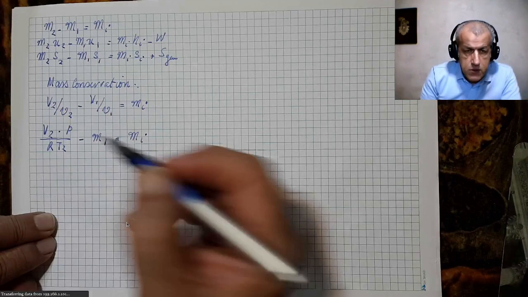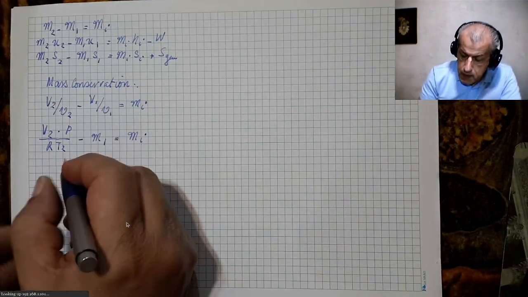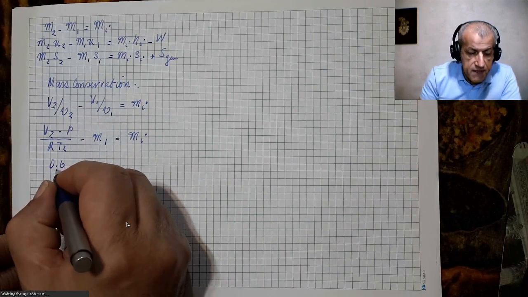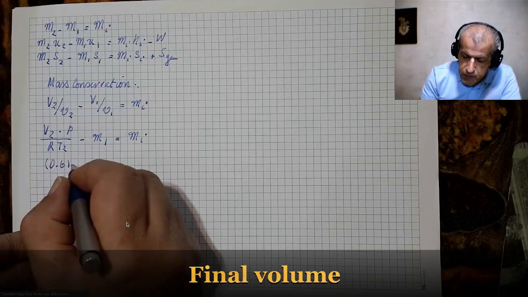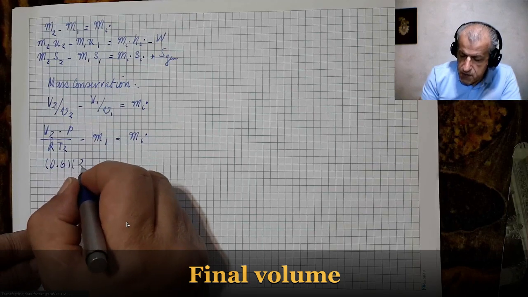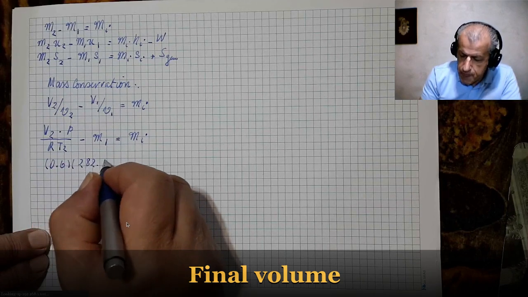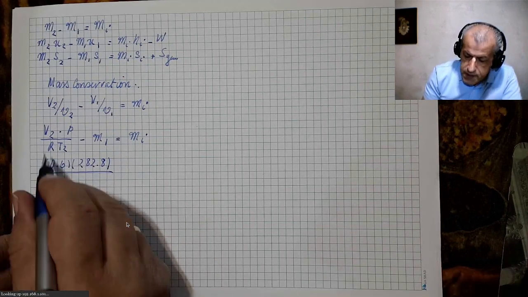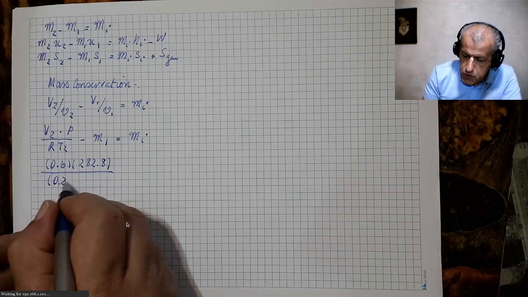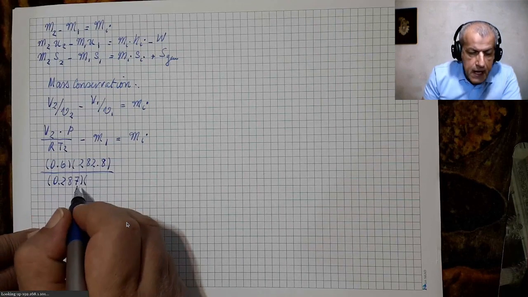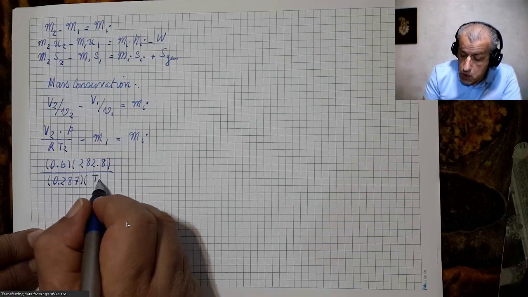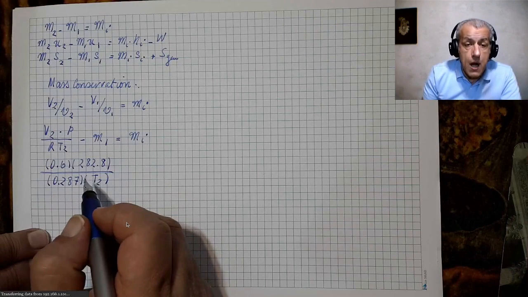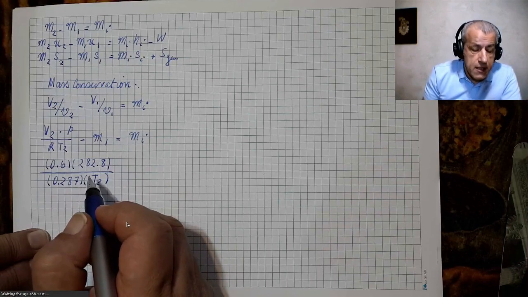Putting numbers into the values in this equation, it would be 0.6, which is the final mass, times the final pressure, which is 282.8, divided by RT2, which is 0.287 times T2, which we don't know. Remember that m2 and T2 are the two unknowns for this problem.